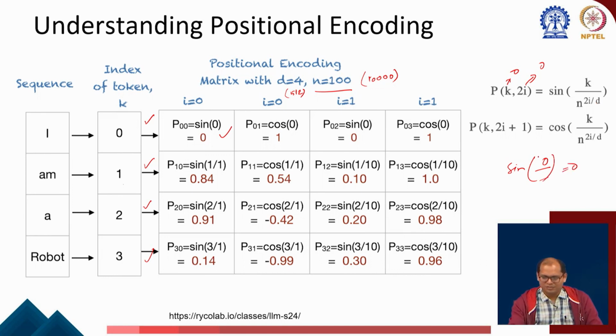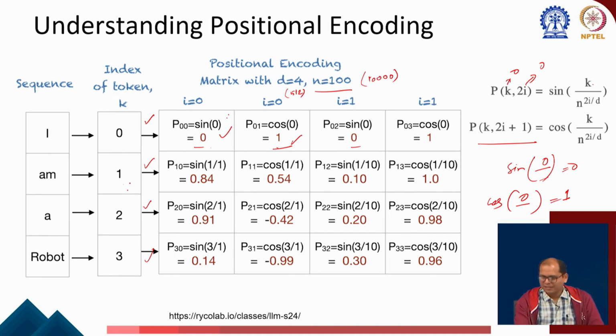So sine of 0 is 0. For the next dimension I will use cosine: cos of 0 by something will give me 1. So I have fixed it as 1. Next, again k is 0, so this will remain 0. This will remain 0 for all the even positions, and 1 for all the odd positions. You can see this is starting from index 0, which is why this is even and this is odd.